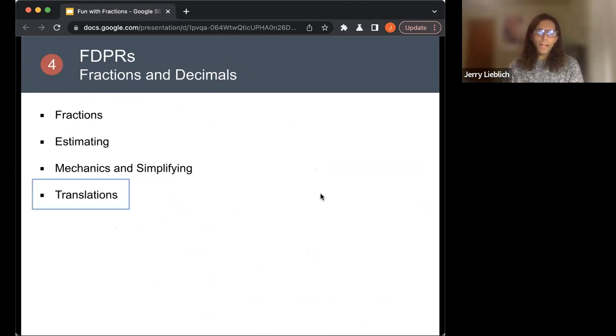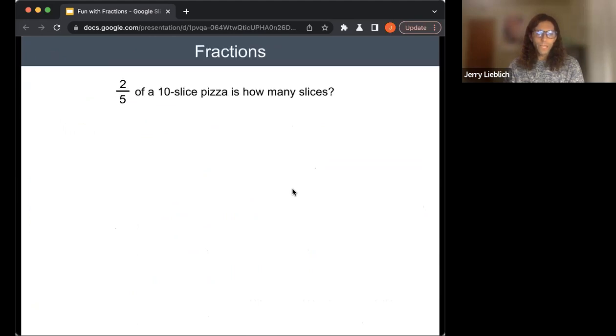So I said the fraction is equal to the part over the whole. If we have that definition in mind, fraction is the part over the whole, I might look at something like this and think, okay, can I use that here? Well, 2/5 of a 10-slice pizza is how many slices?